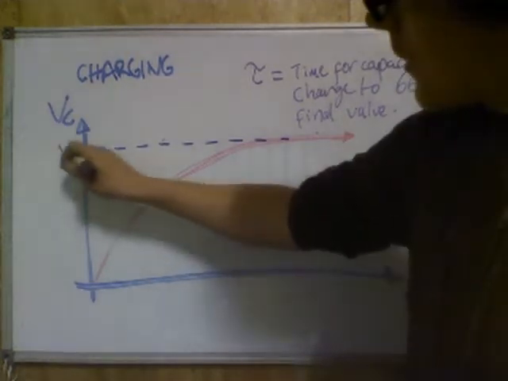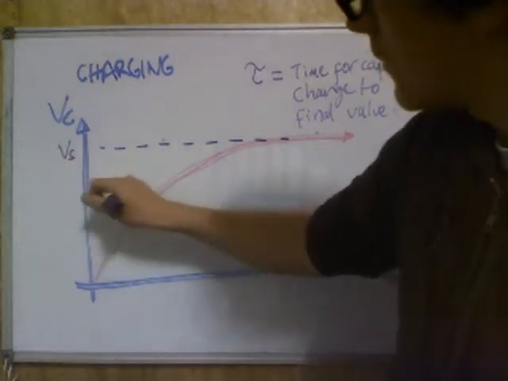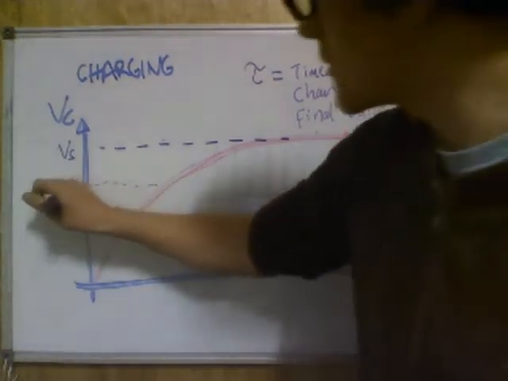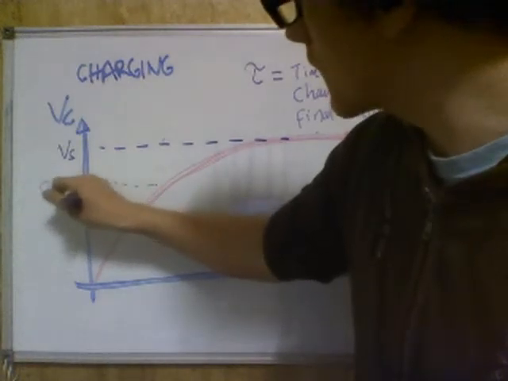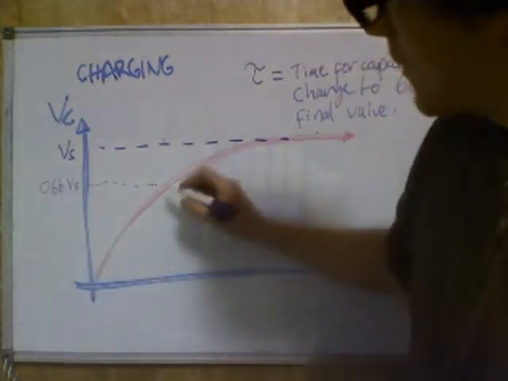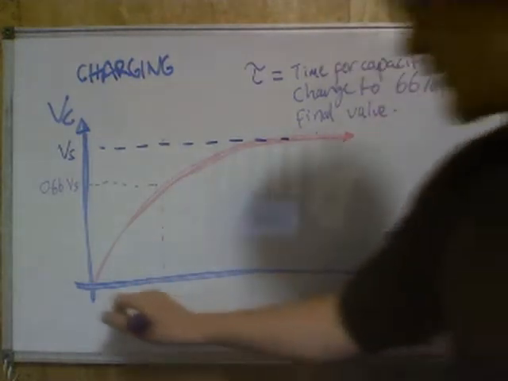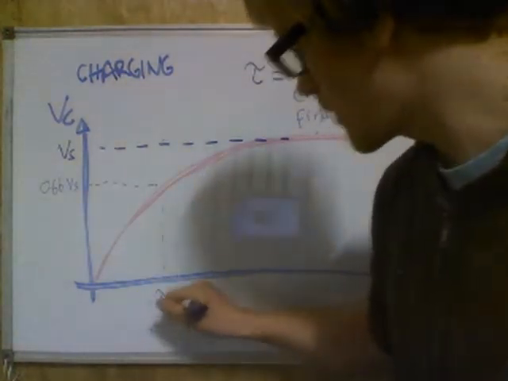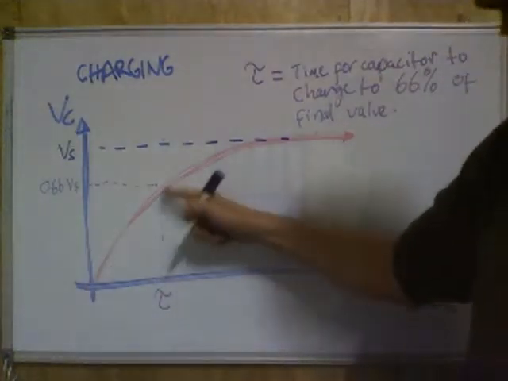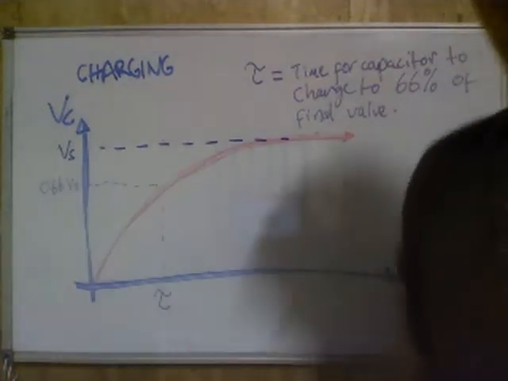And if we were to calculate 66% of the source voltage, that would be 0.66 Vs. We find that's about here somewhere. And so tau, time constant, is how much time it takes to charge to that value.